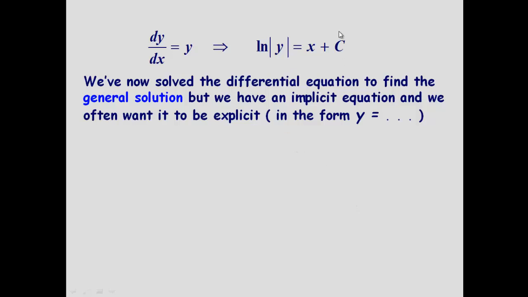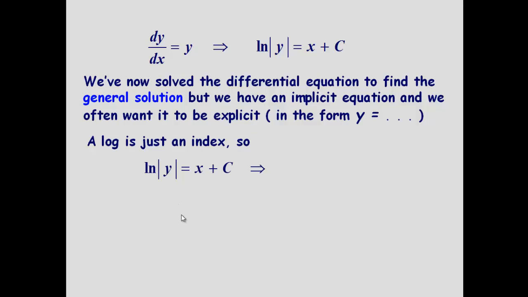So this is our general solution, but at the minute it's what we call an implicit equation. It's not explicitly in the form y equals. So a bit more work to do to make it like that. Well, we know how we can do that. The log's just an index, so if we e both sides, this is log base e, isn't it?